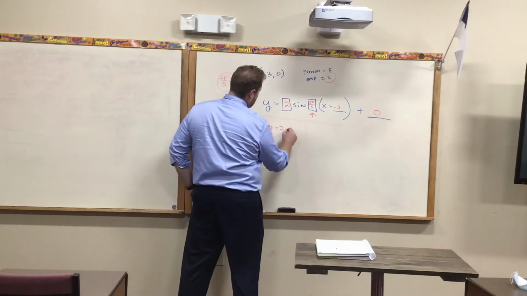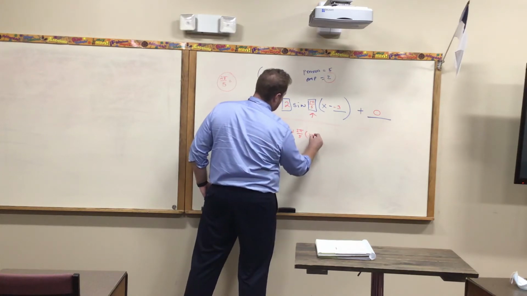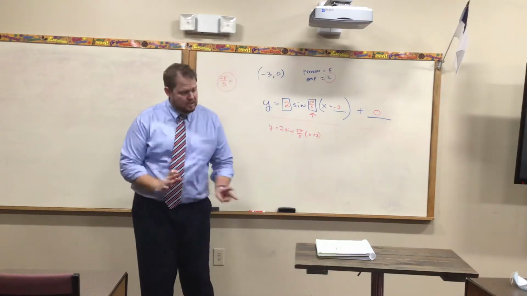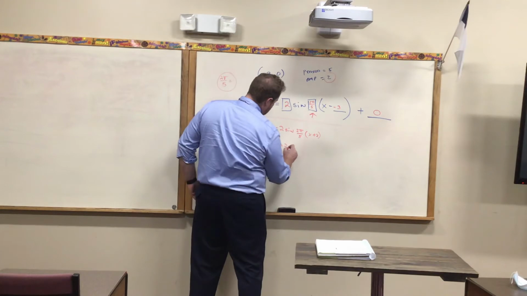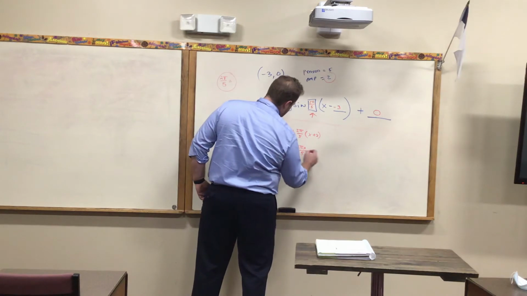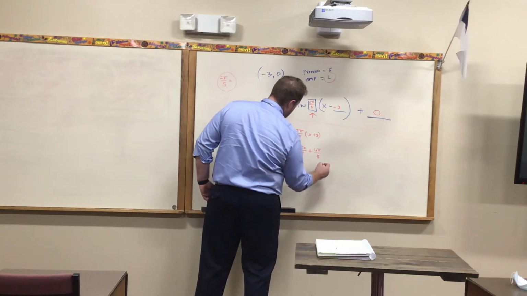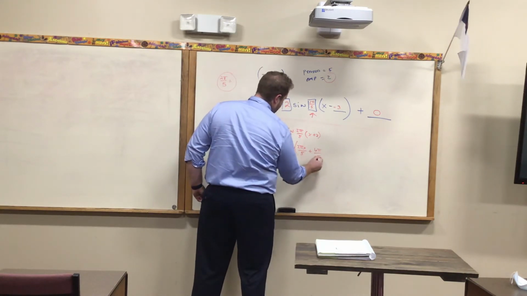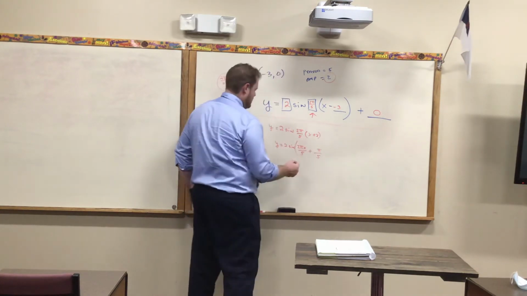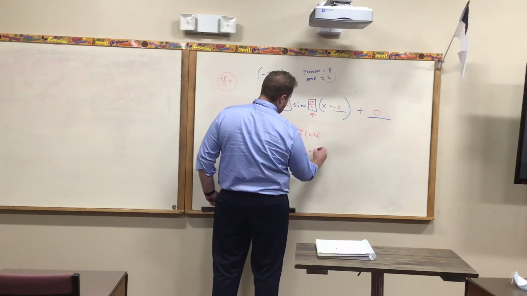Y equals 2 sine 2 pi over 5, parentheses, x plus 3. If I really want to unsimplify this as much as possible, here's what it would look like. Y equals 2 sine 2 pi x over 5 plus 6 pi over 5. I'm sorry, nope, 3 times 2 pi.